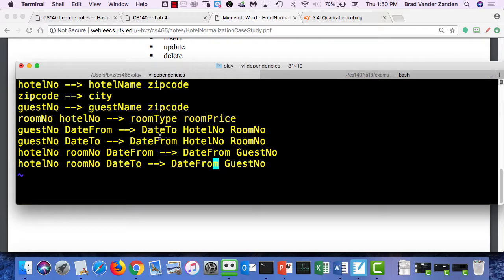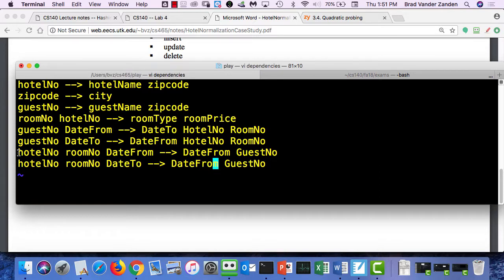So the guest number in conjunction with the date from is a candidate key because it determines the ending date, the hotel number, and the room number. The hotel number and the room number plus the guest number can determine everything else.